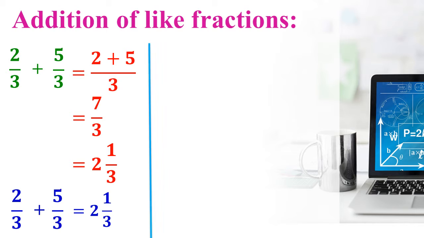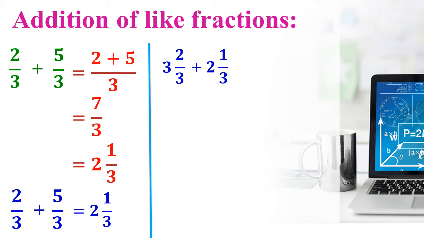Let us see another example. The given fractions are 3 and 2 by 3 plus 2 and 1 by 3. Here these are mixed fractions. So for addition of mixed numbers with the same denominator, first convert the mixed fractions to improper fractions and add the fractions.